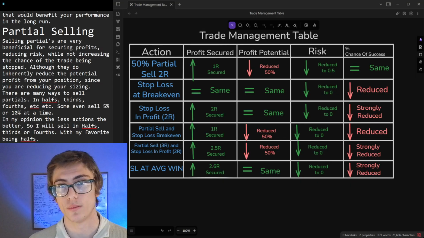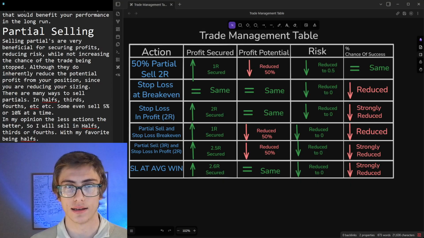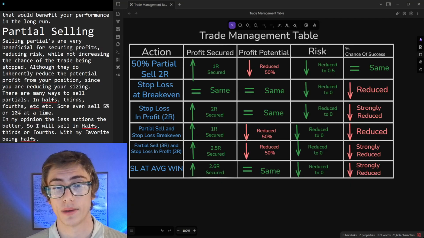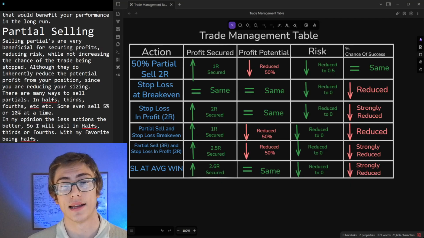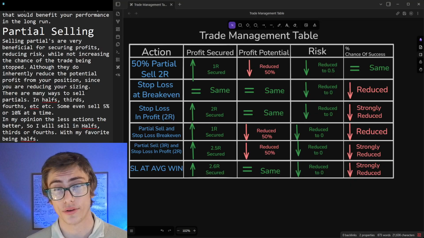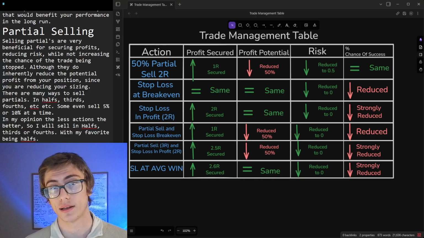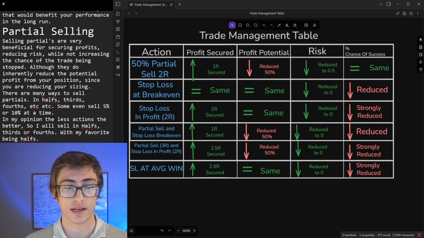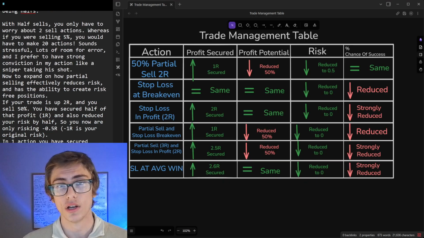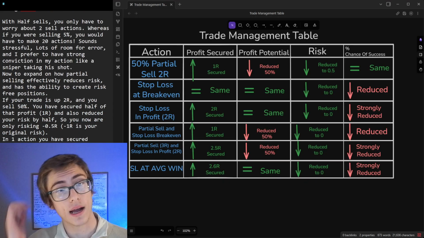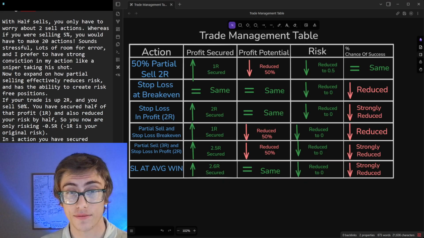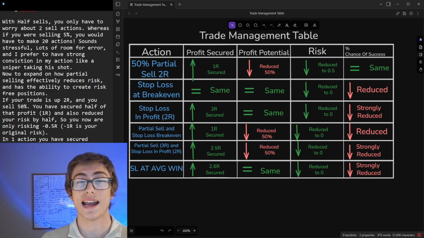The less room for error, the more mental clarity. So I like to sell in halves, thirds, or fourths, with my favorite being halves, because then I only have to make 2 actions, whereas if you were selling 5%, you'd have to make 20 actions.